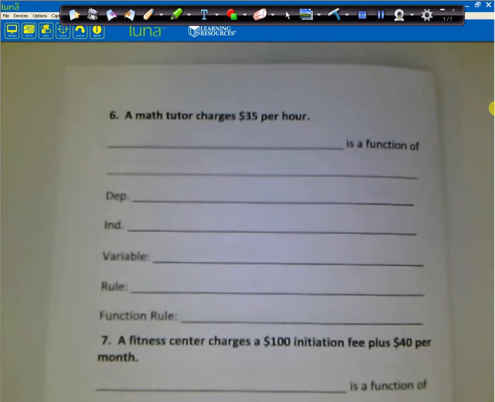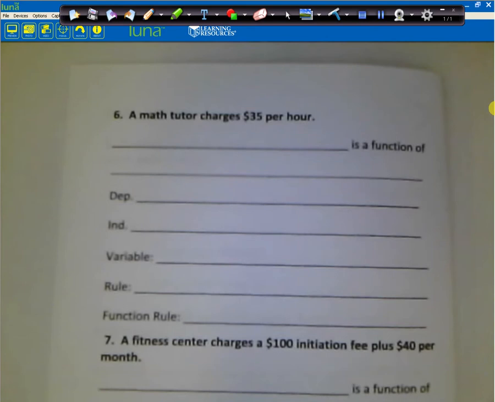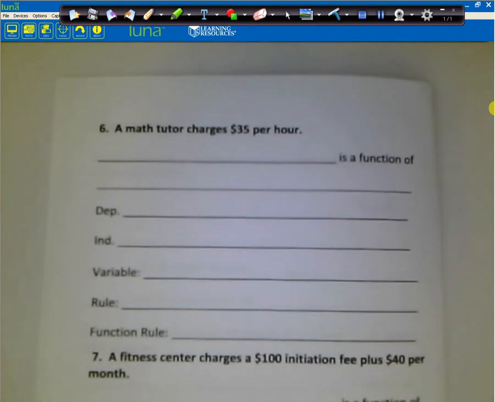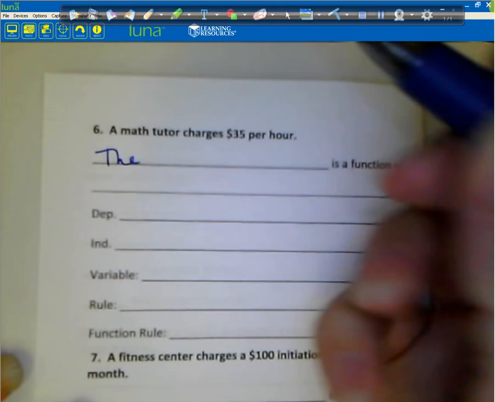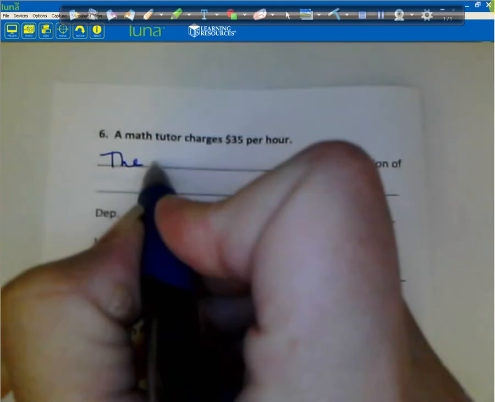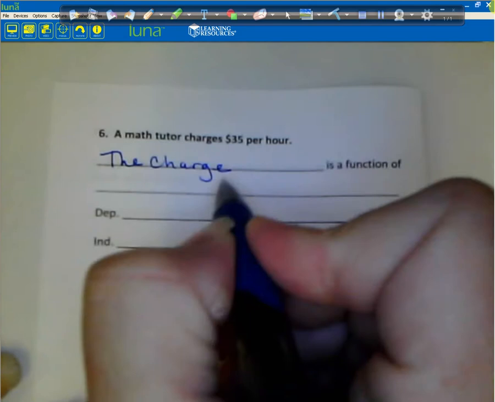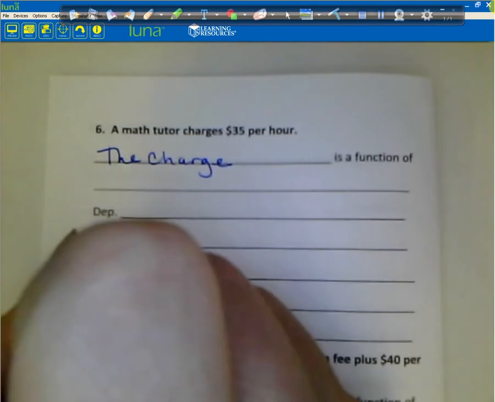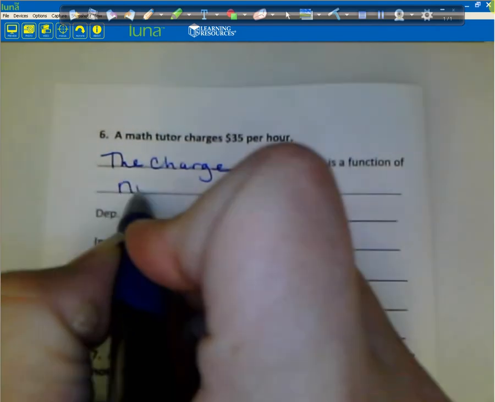So it says here, blank is a function of, and we're going to say, in keeping with what we've been doing with our independent and dependent variables, that the charge is a function of the number of hours.